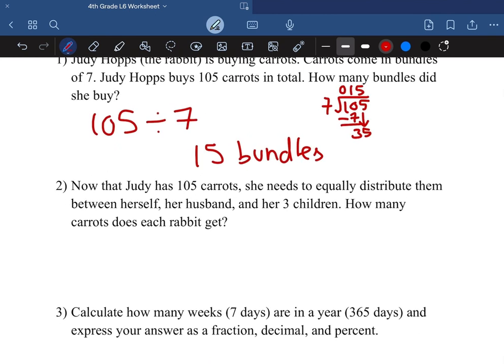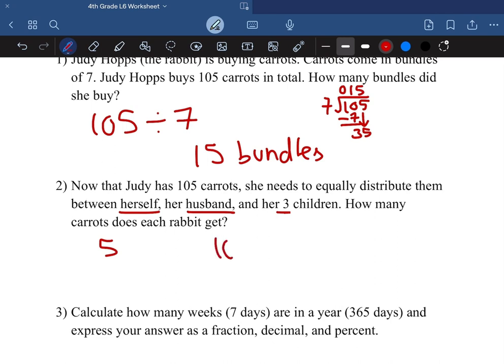Now that Judy has 105 carrots, she needs to equally distribute them between herself, her husband, and her 3 children. How many carrots does each rabbit get? So the number of individuals would be 3 plus 1 plus 1 again. 3 plus 1 plus 1 is 5. So there will be 5 individuals.